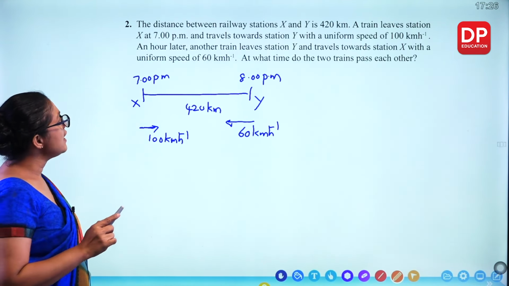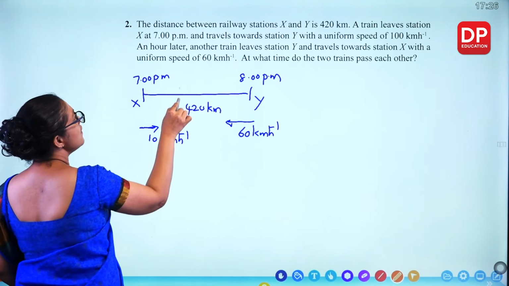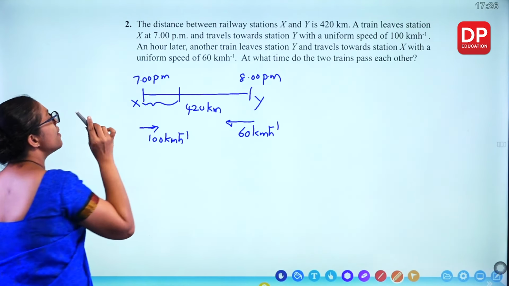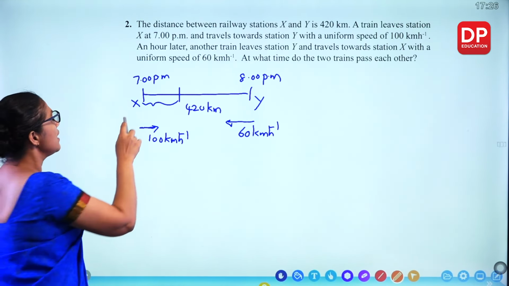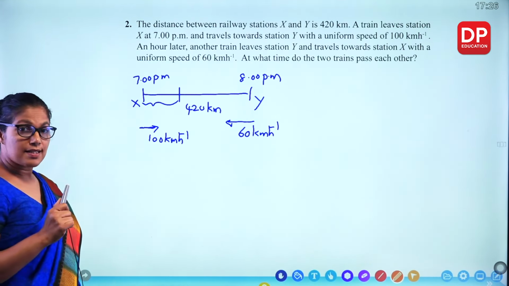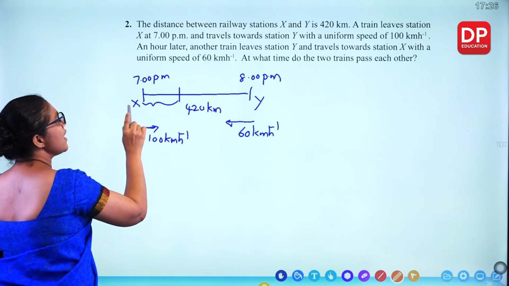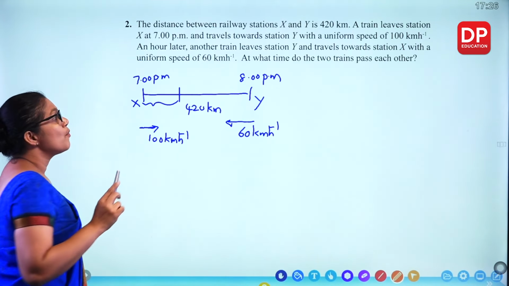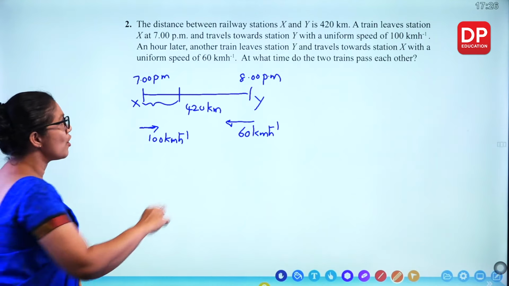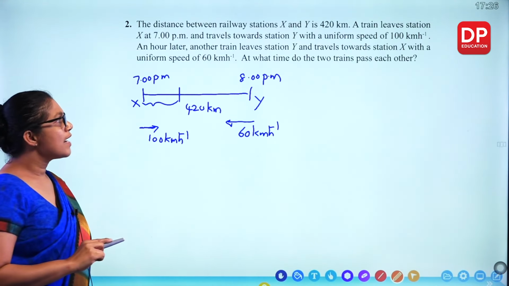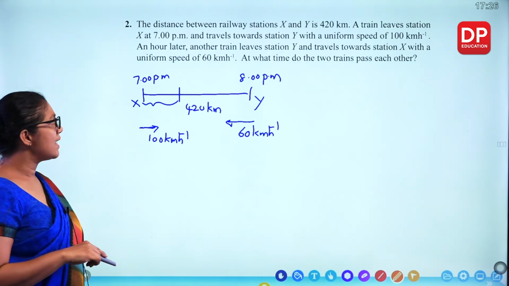So here we need to first find out the distance traveled by the train from X to Y within 1 hour, because this train starts 1 hour later.